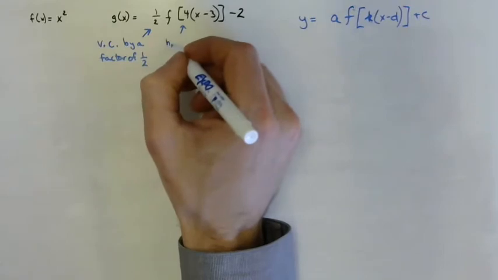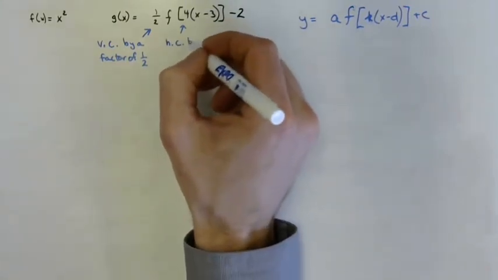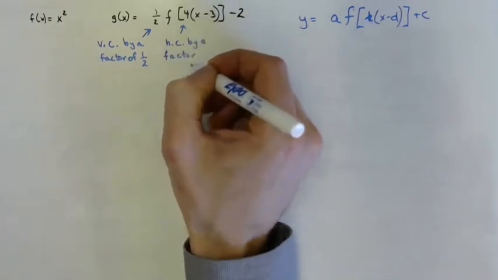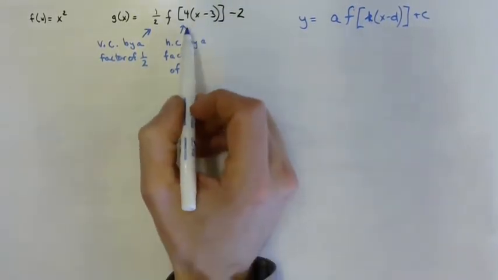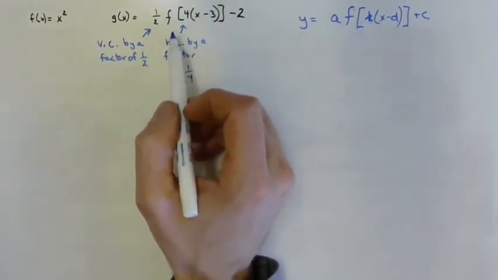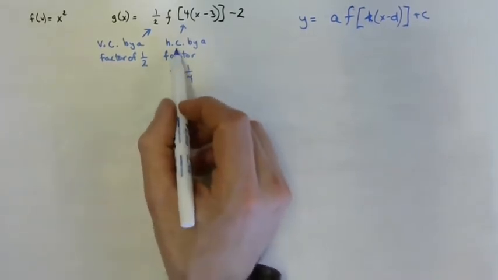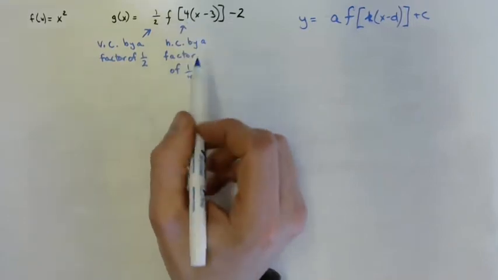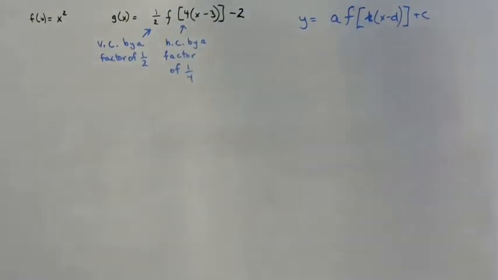Horizontal compression. The horizontal one is by a factor of 1/k. So whatever 1/k is will determine if it's a stretch or compression. K is 4, so the compression is by a factor of 1/4.